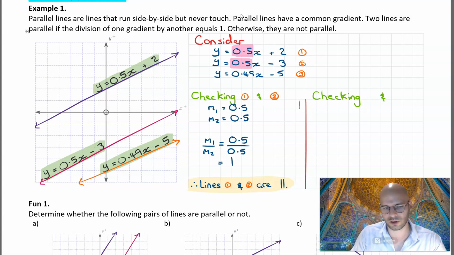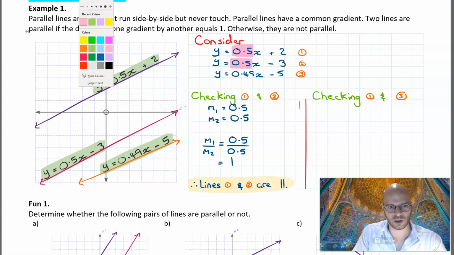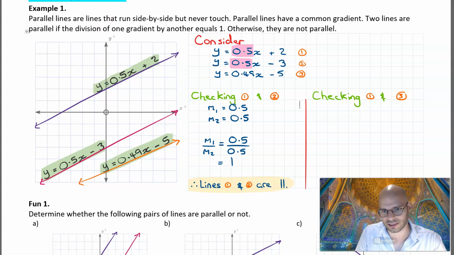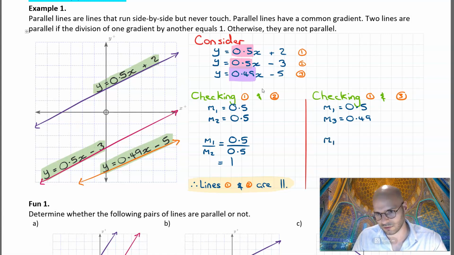Carrying this out, we need to identify the gradient for line 3. Because it's in slope-intercept form, we can clearly see it's 0.49. So we simply state the gradients we're working with, to be explicit, 0.5 and 0.49. Now we go for the division. Again, it doesn't matter which gradient's on top, so long as we divide one by another, showing the numbers.